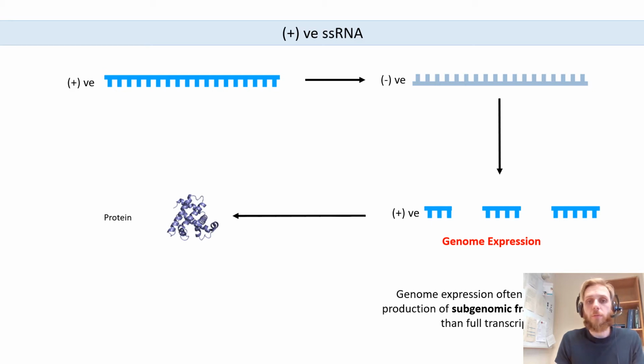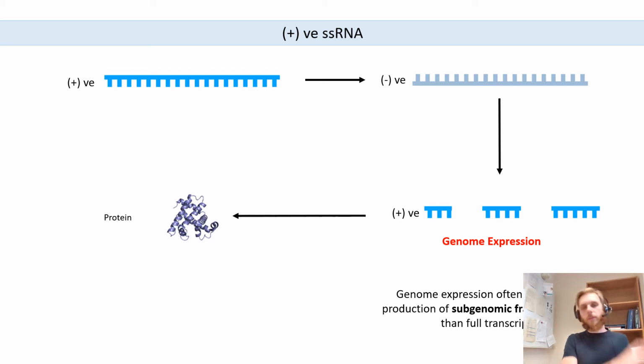Okay, so we've looked at genome expression and we've looked at genome replication, and everything we've said is completely true. However, there's just a little bit more to look at. There's a little bit more detail we haven't explored yet, and this detail revolves around the switch from genome expression to genome replication.